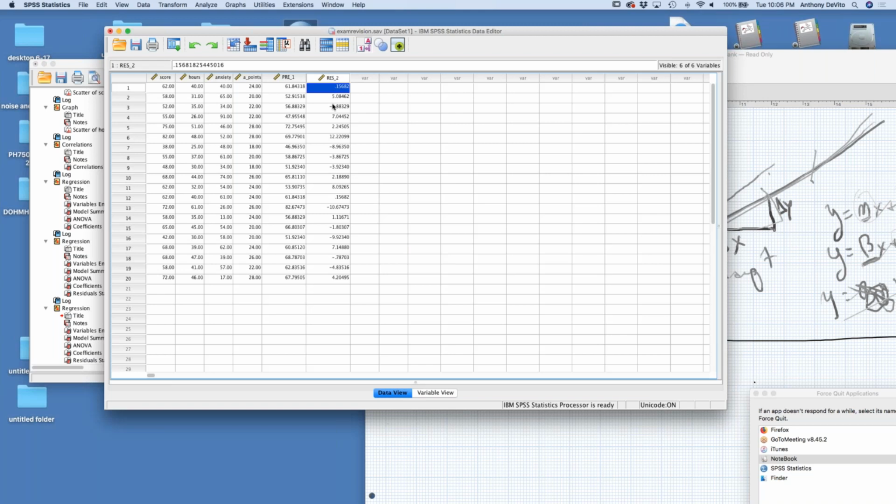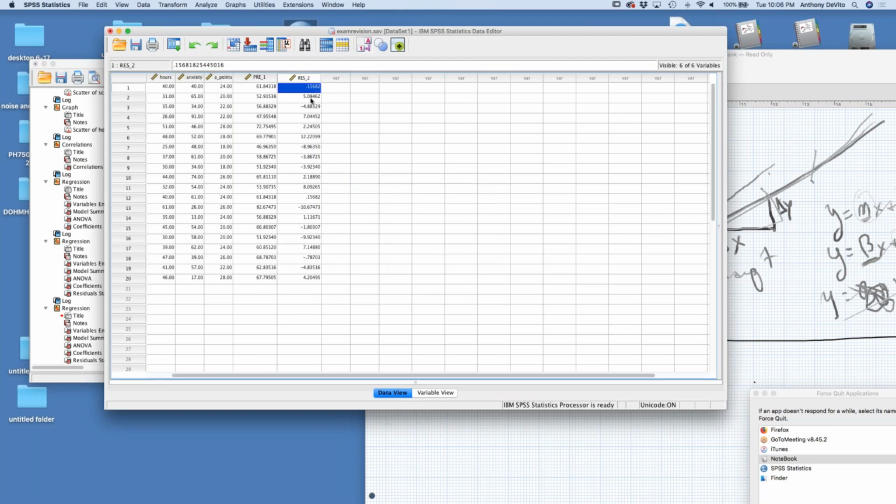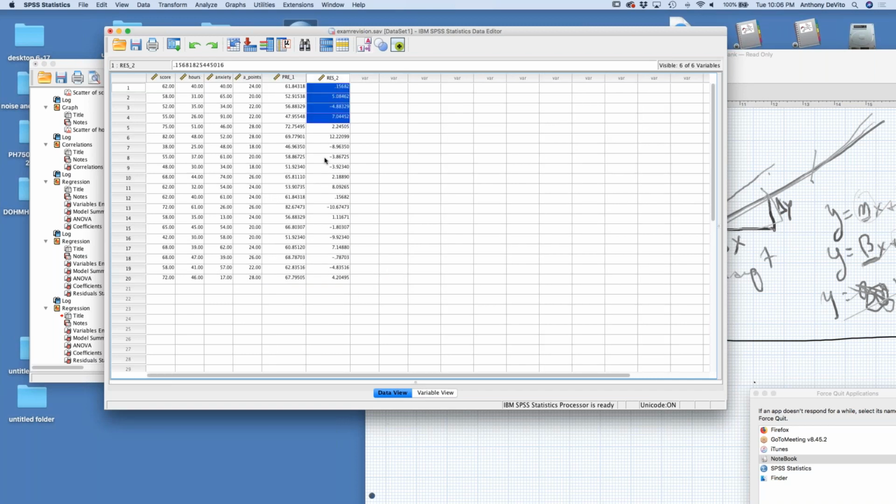We don't want to see that for people who studied more hours our residual values were smaller, that we were a better predictor at one end than the other. So we want this to be basically normally distributed, in other words, no specific pattern that would suggest that this is skewed.